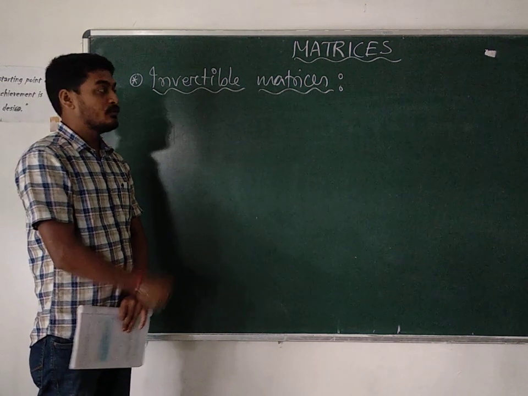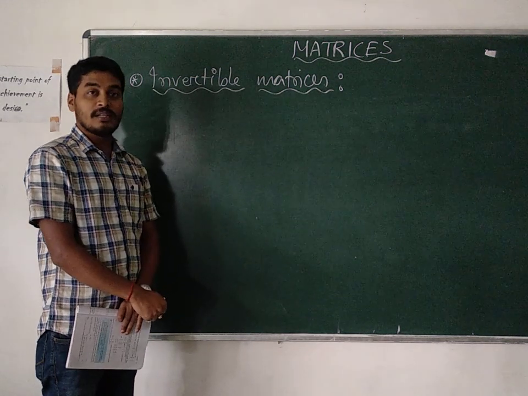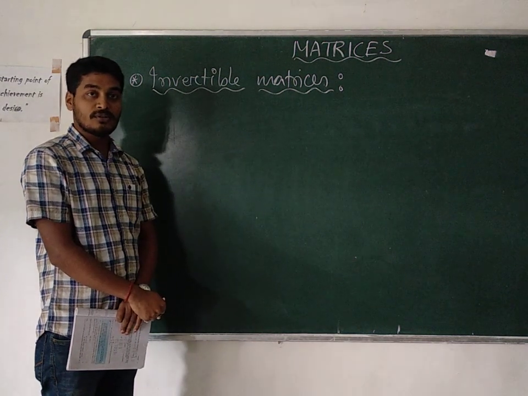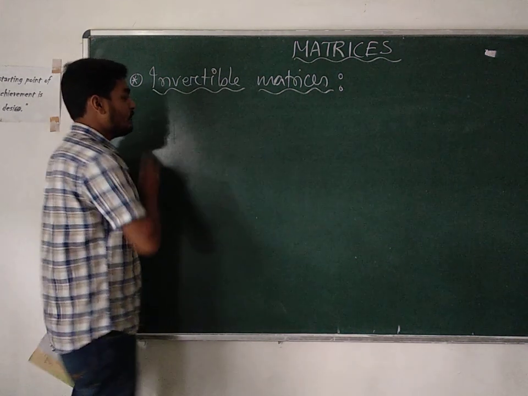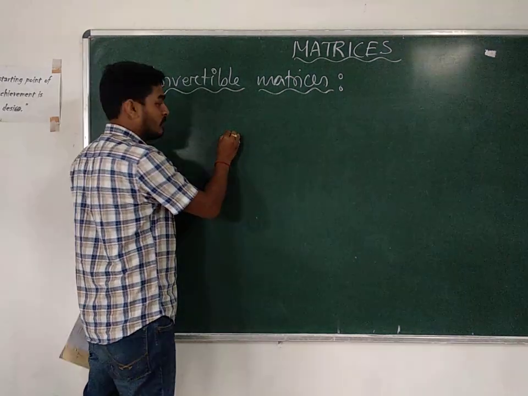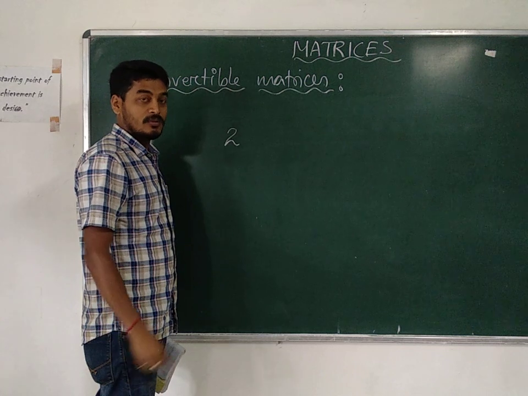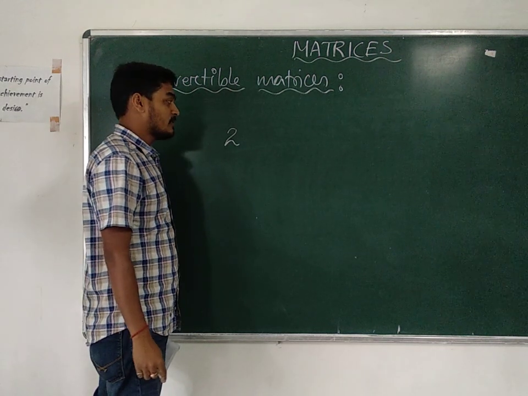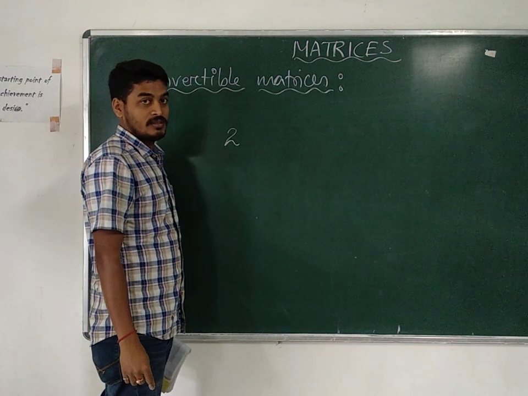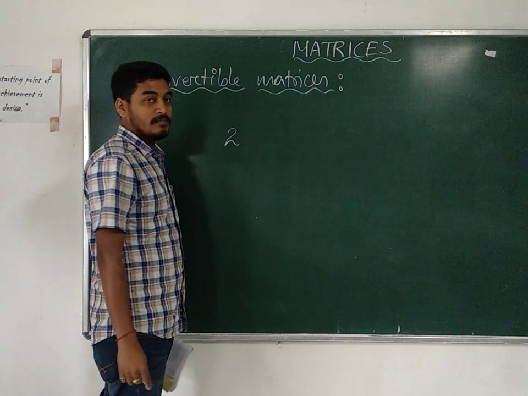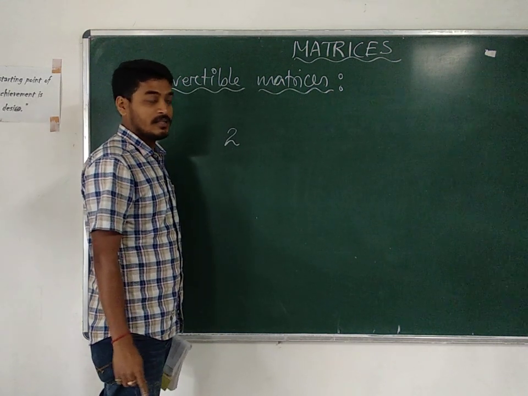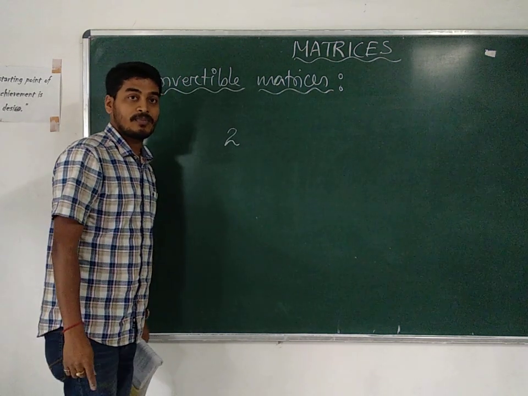Let me first recall what the meaning of inverse is, or under what condition we will get the inverse. If I ask you in case of real numbers, what is the inverse of 2, then obviously your answer will be half, or you can say that minus 2 is the inverse. Remember, 2 has two different inverses.